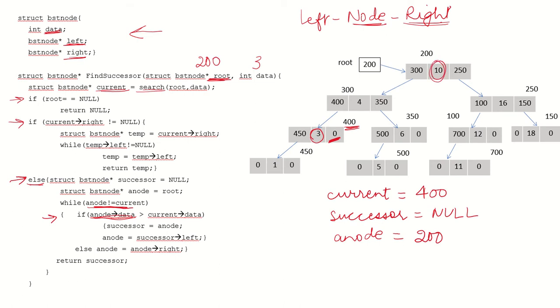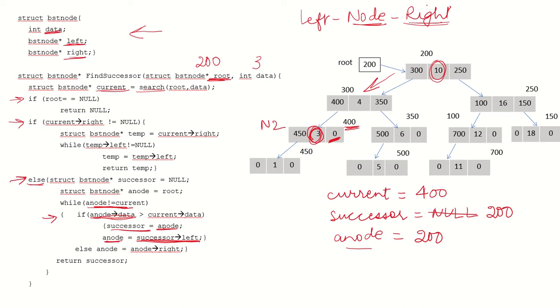Anode data is 10 and current data is 3. That means this node N2 is in the left subtree of our node, which is anode. So in this case, successor will be updated with anode. So successor has been changed to anode, and anode will be updated to successor arrow left. That means now we have to start traversing the left subtree of the anode.